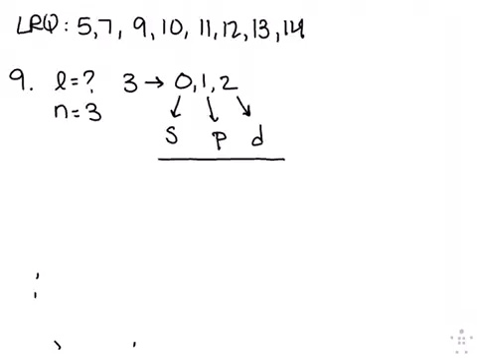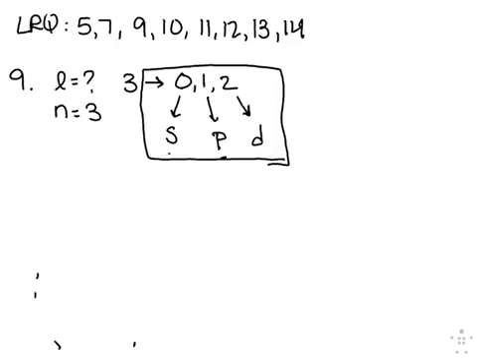So here is the answer that I am looking for. And these patterns always hold: a 0 will correspond to S, 1 always corresponds to P, and 2 will always correspond to D.